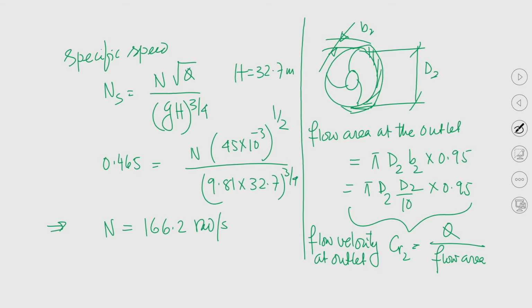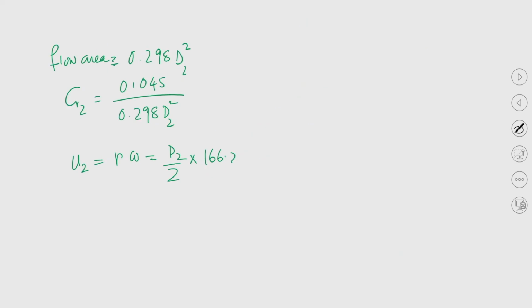Instead of writing omega I can write n. So, this is n, 166.2, again second inverse, right. So, radian per second, this is second inverse.